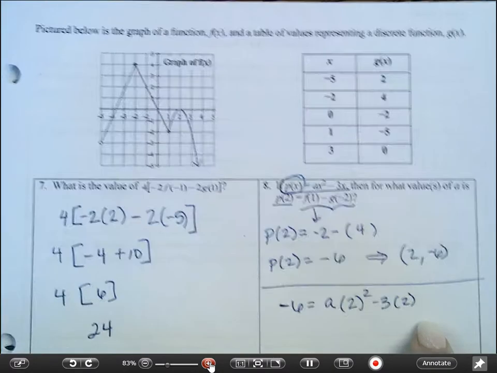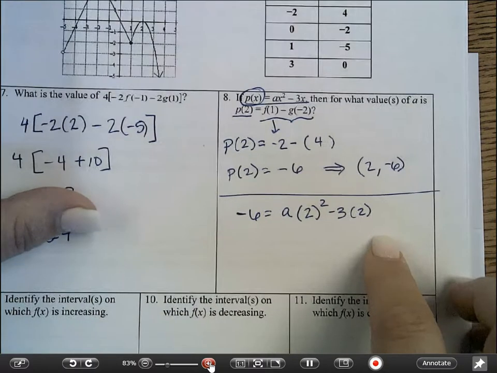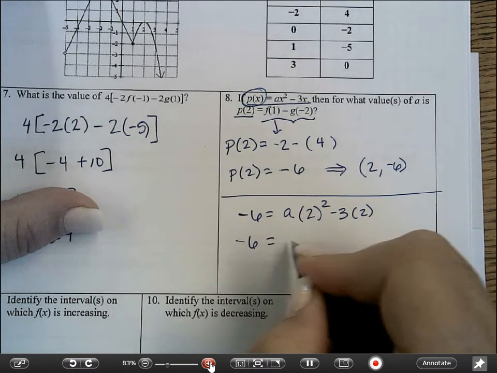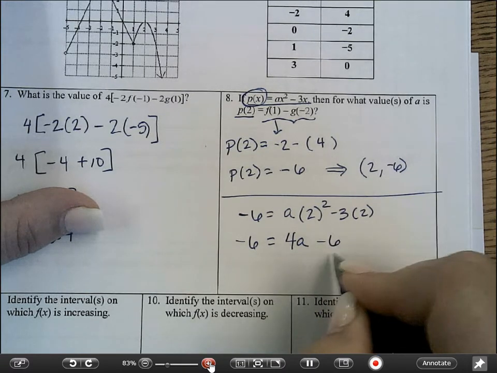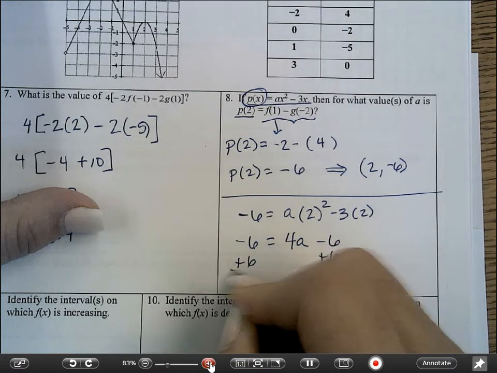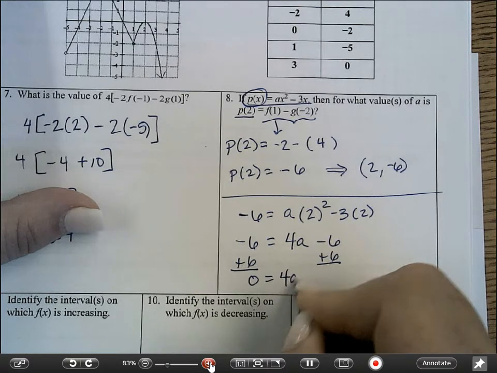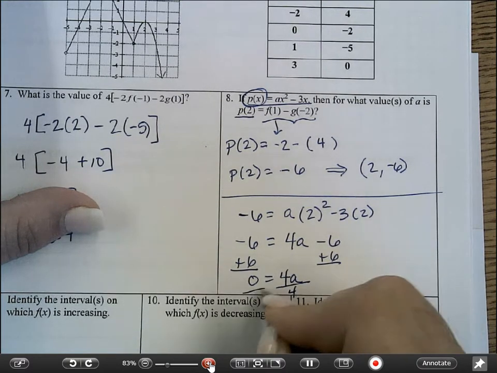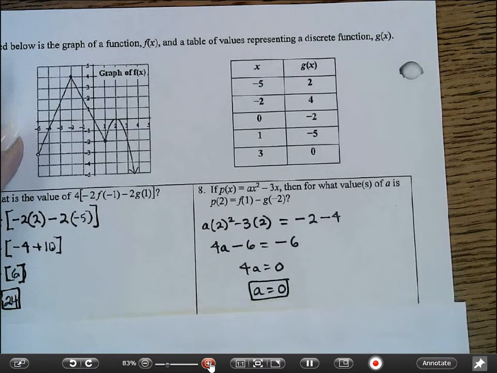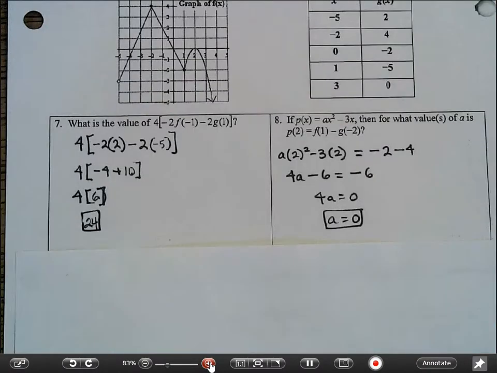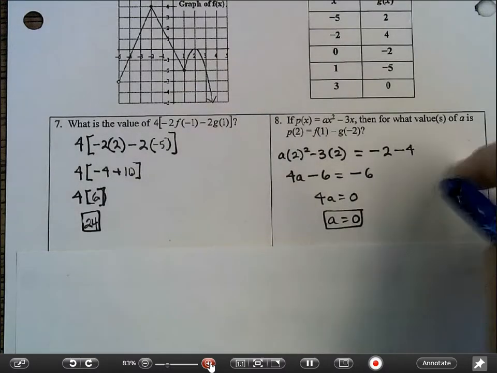And now I have an equation in which I can solve for a. So -6 is equal to 4a minus 6. I'm going to add 6. I've got 0 is equal to 4a. Divide by 4. A is equal to 0. Okay, so let's take a look at that. And again, making sure that we understand how we got to that process.